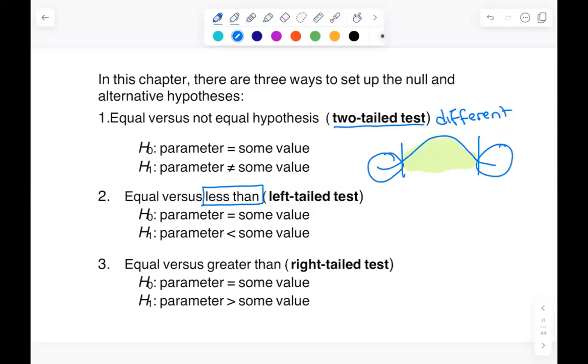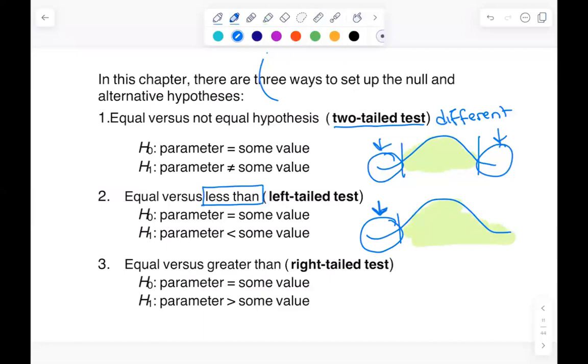With a left-tailed test, we're looking at less than. All of this area would be okay, but this down here would be our area of interest. Does my sample land down here? The two-tailed, it could land here or it could land here for us to say that the null hypothesis is not true. The left tail, we'd be checking down here.